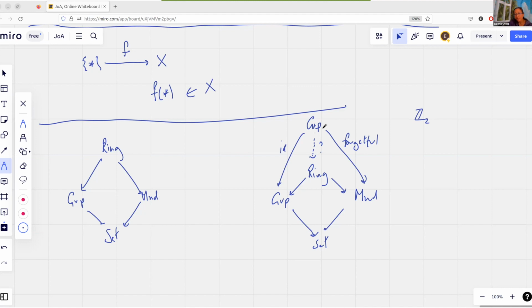It has to send it to a ring whose underlying group is the integers mod 2 under addition, but whose underlying monoid is also the integers mod 2 under addition. And in order for that to be a ring, addition would have to distribute over itself, which it doesn't. Because if it were going to distribute over itself, you would have to say things like this.